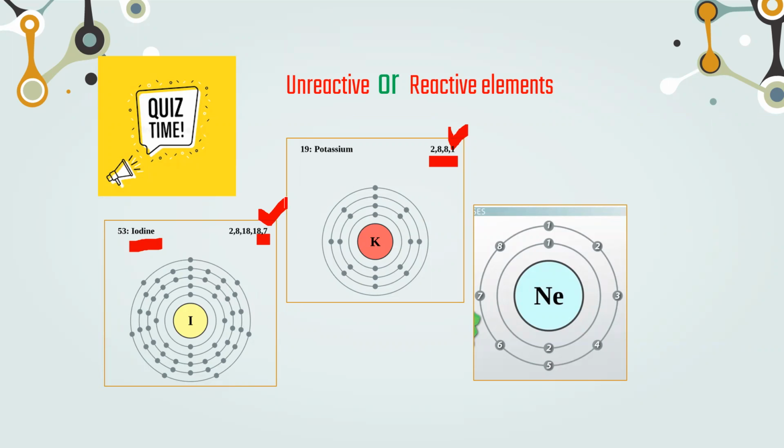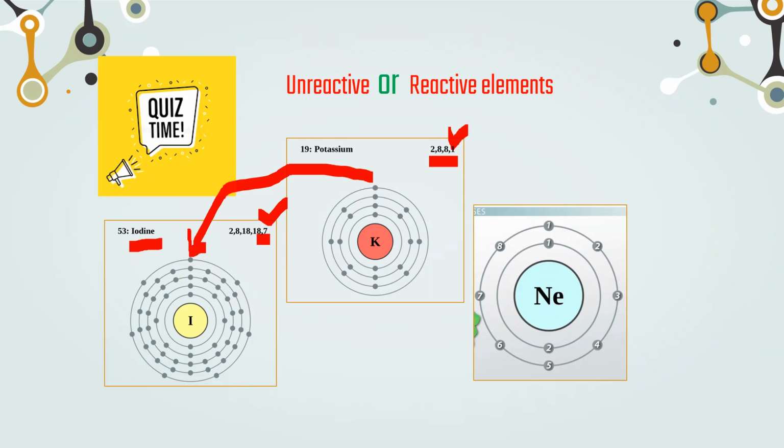Now, what happens if iodine and potassium are joined together? Then they will form a chemical compound, and that is called potassium iodide. The potassium will give its 1 electron to the iodine atom, and that will be added to the iodine. So the iodine outermost shell is completed, and there will be no electron in the outermost shell of potassium. So that outermost shell will be demolished, and the potassium will come to a stable form.